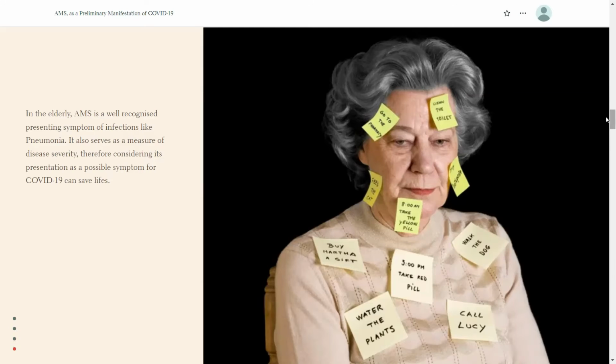But then they had altered mental status. So he decided to test these 4 patients for COVID-19. Now, all these patients he tested were COVID-19 positive.